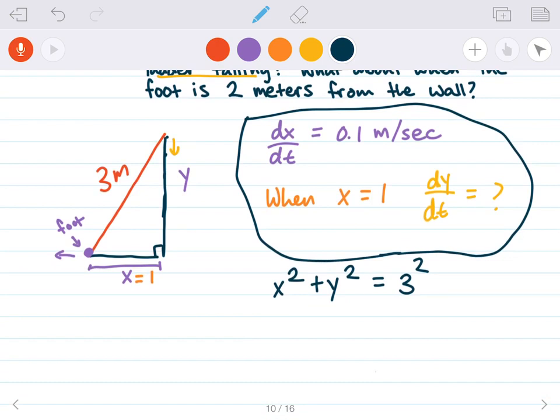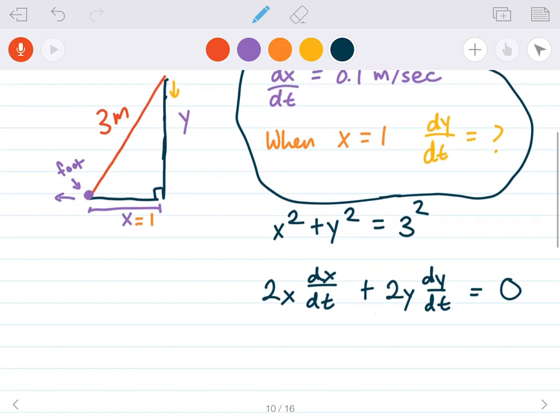And so how do I do it? Well, again, I'm taking the derivative of both sides with respect to time. So I get 2x dx/dt plus 2y dy/dt. Now the derivative of a constant is 0 on the other side.